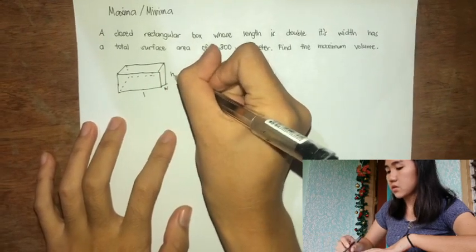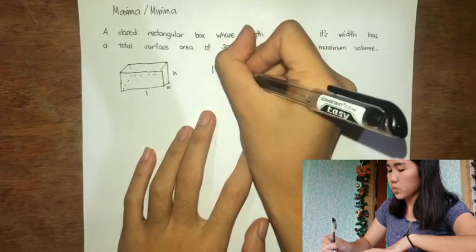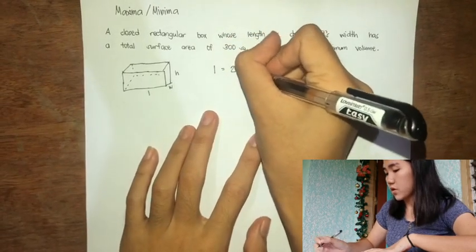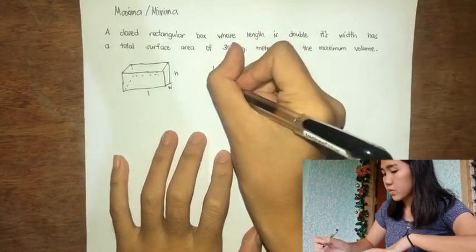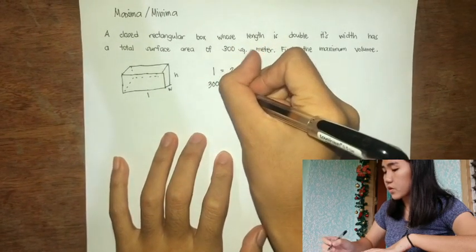This is the length, the width, and the height. The first condition of this problem is the length is double its width, and the surface area is 300 square meter.